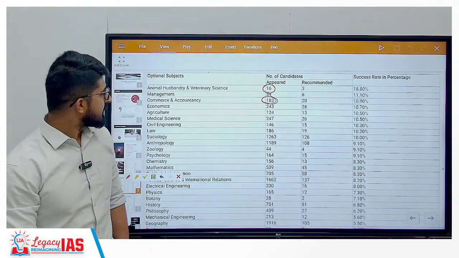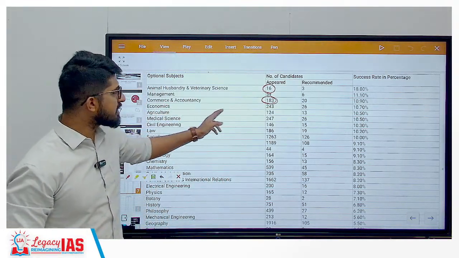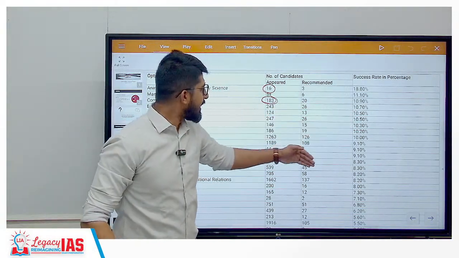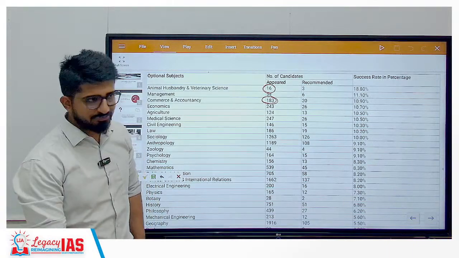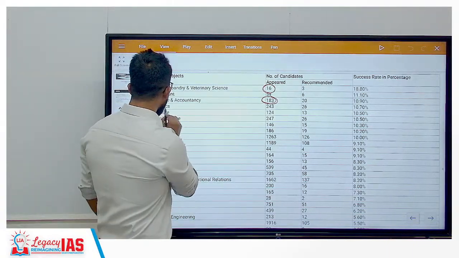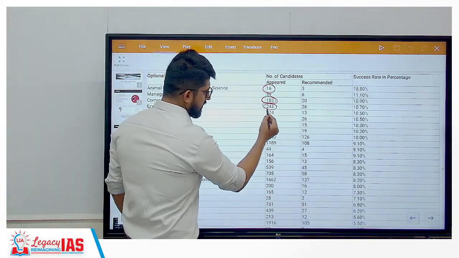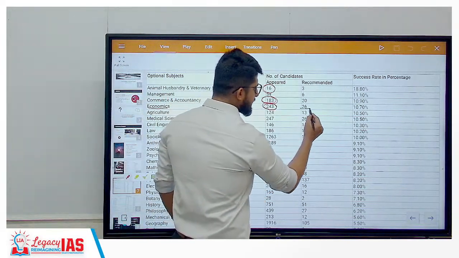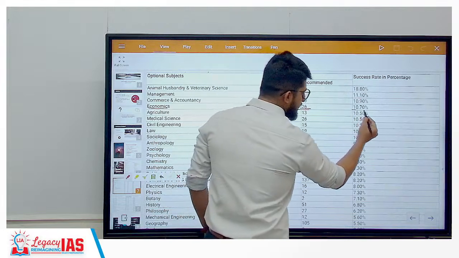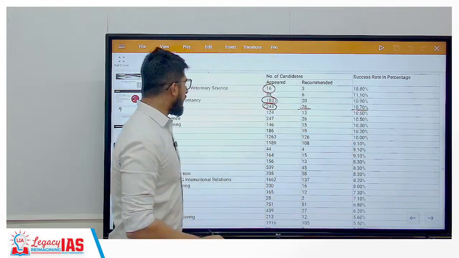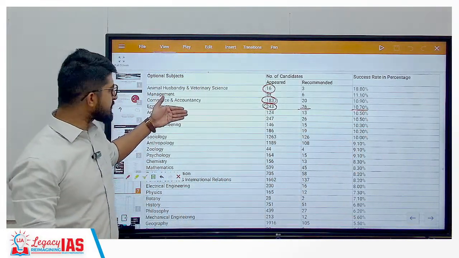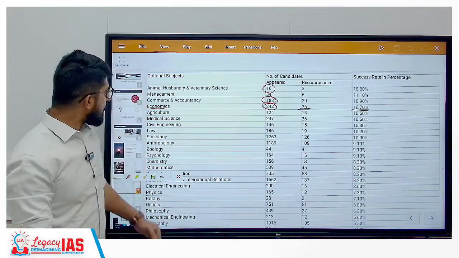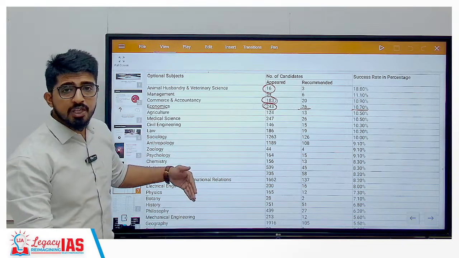183 people in commerce and accountancy, 20 people recommended, which is a 10.9% success rate. If we consider more than 200 people, then economics is a subject which has performed really well. 26 people out of 243, which is 10.7%. However, for you to choose these optionals, you should have a background. Without background, which is the subject you can choose?